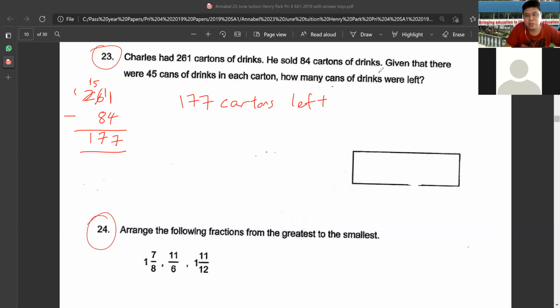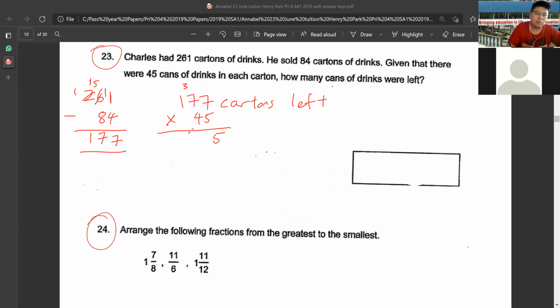Then how many cans were left? What must you do to find the cans of drinks that are left? 177 times 45. Very good. You're getting it now. Let's do together. You tell me what I must write. 35.